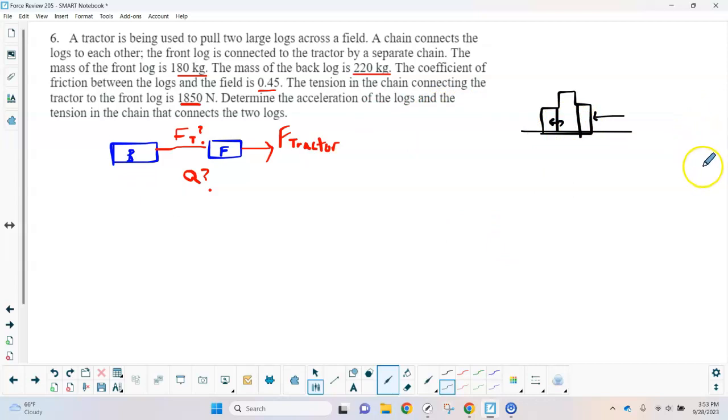Just to discuss the forces acting, we have several forces acting in this system, but let's draw it as a simpler system. So we're going to circle that and call that our system. That makes tension internal, which means I can't solve for it, but I can solve for the acceleration. So this dot represents both logs together. We've got the tractor pulling to the right.